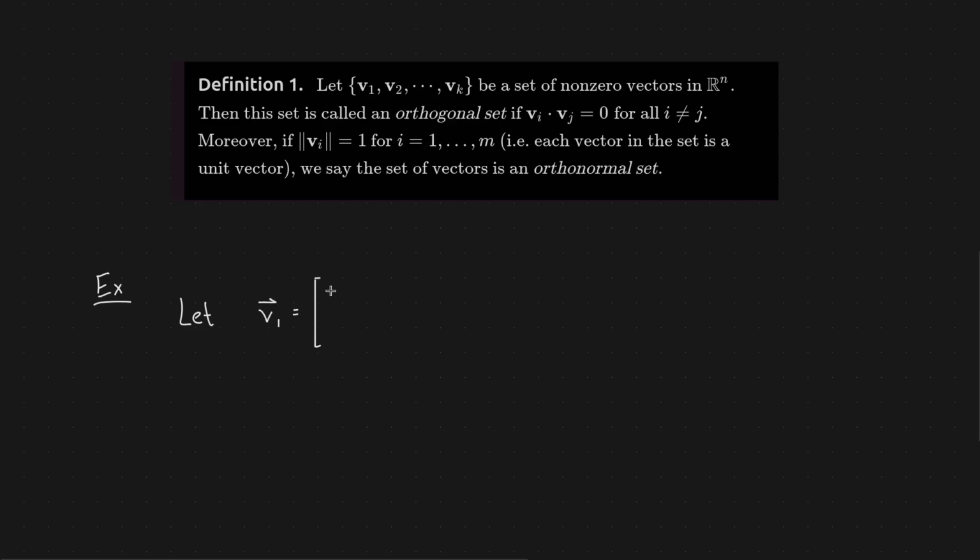Let v1 equal (1, 1) and v2 equal (-1, 1).